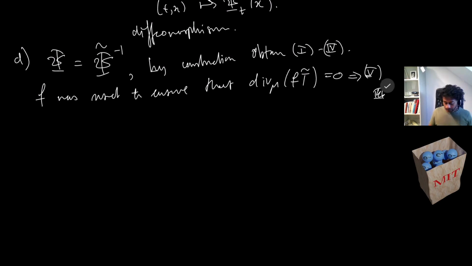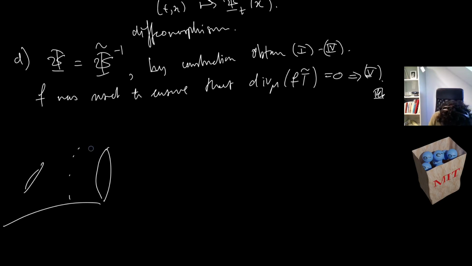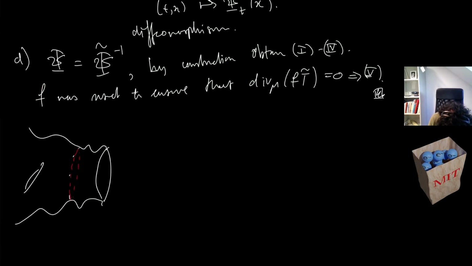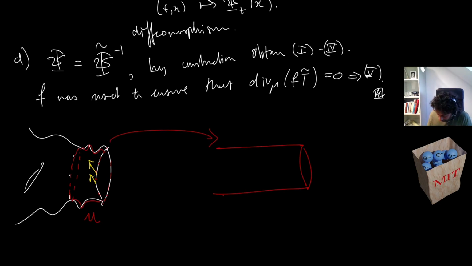So anyway, what this is really telling us is that we start with a manifold with boundary, and then there's this neighborhood, so this is my U, and then my T might look sort of like this, but now my T here is as if I have a product type metric.